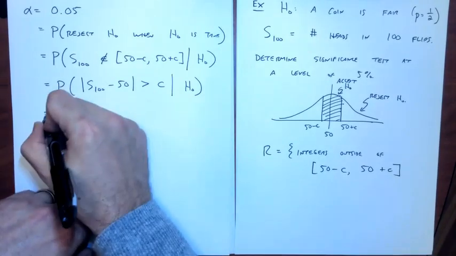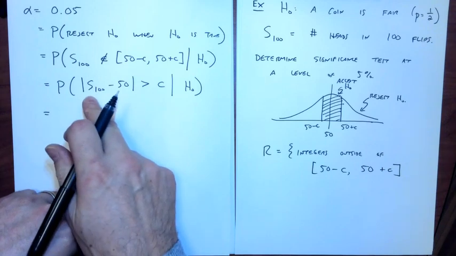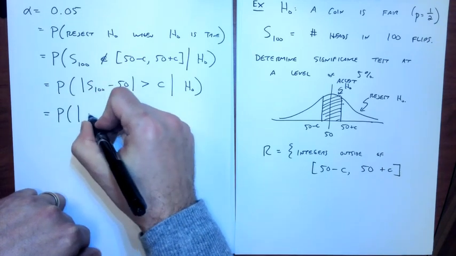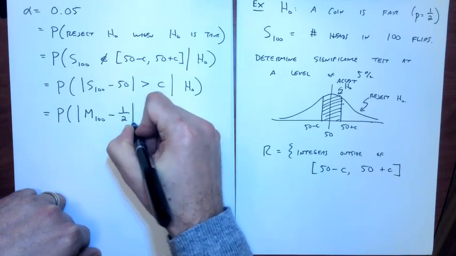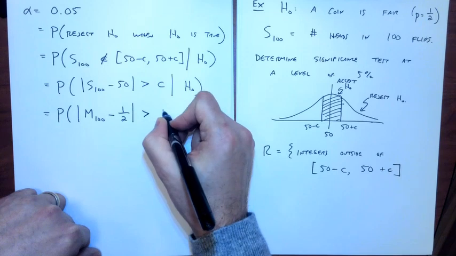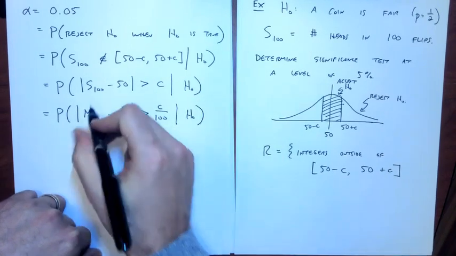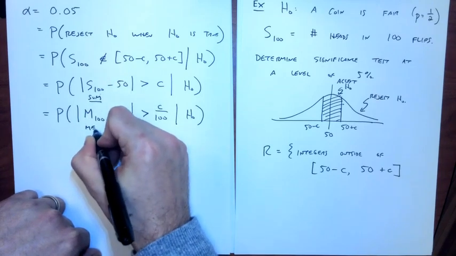And then here, what I'm going to do is divide everything through by 100. So I'm going to say the probability that the average value minus 1/2 is greater than C over 100. So this is the sum, and this is the mean.